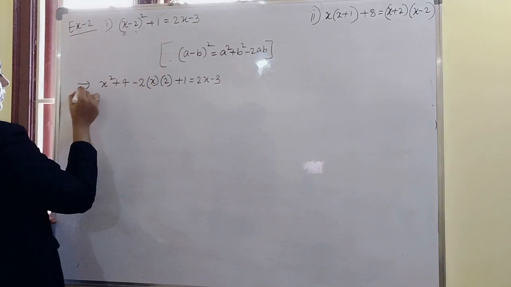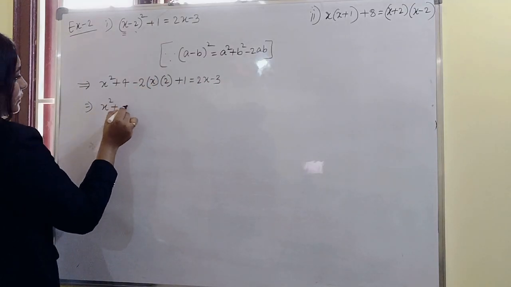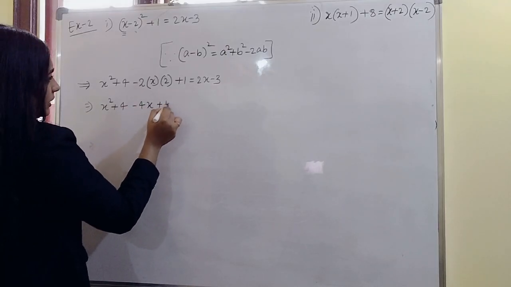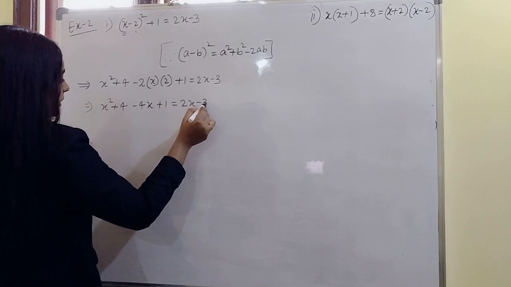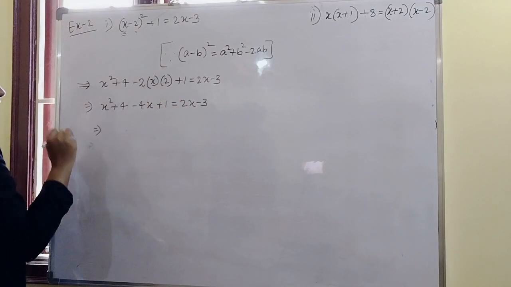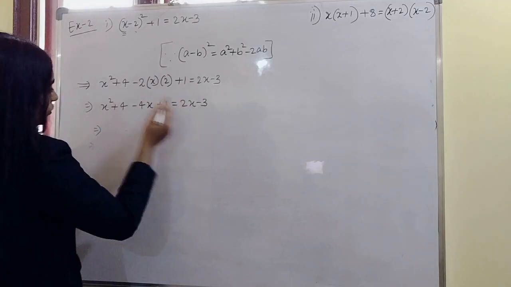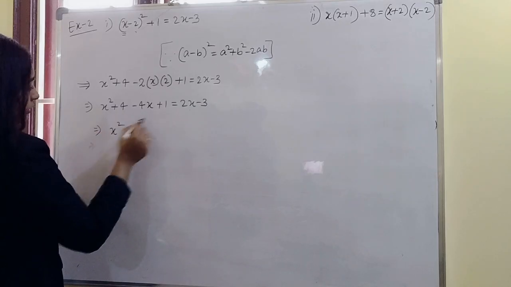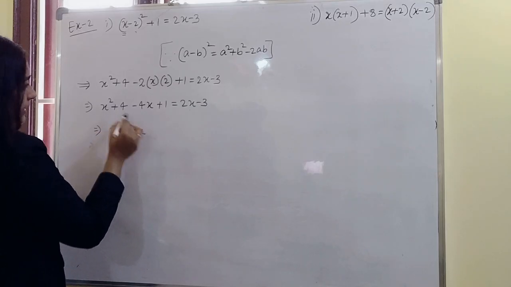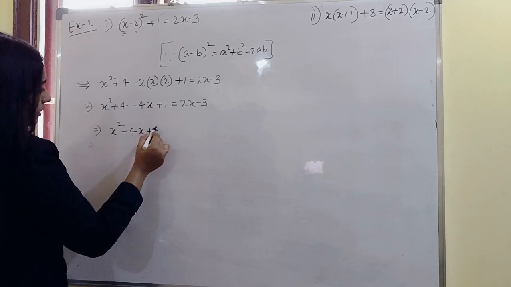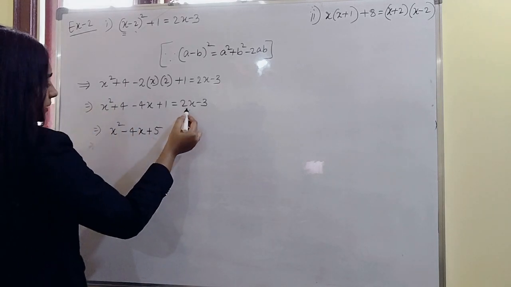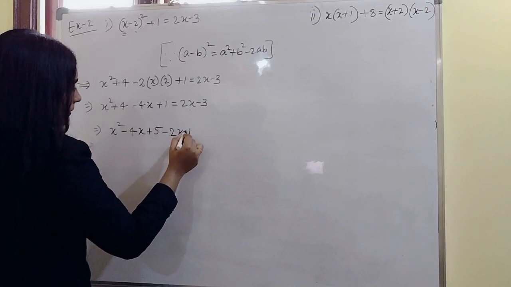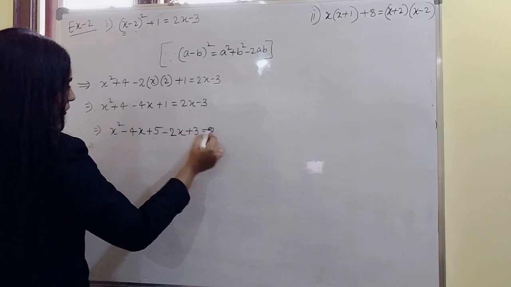Okay, x square plus 4 minus 2 twos are 4, 4 into x, 4x plus 1 is equal to 2x minus 3. Again I am simplifying it. I am sending these two terms to this side. X square, I am writing in the order, minus 4x plus 4 plus 1 is 5, and this 2x, if it comes to this side, it becomes minus 2x, minus 3 comes to this side, it becomes plus 3, is equal to 0.